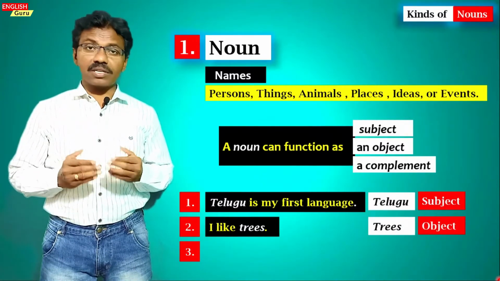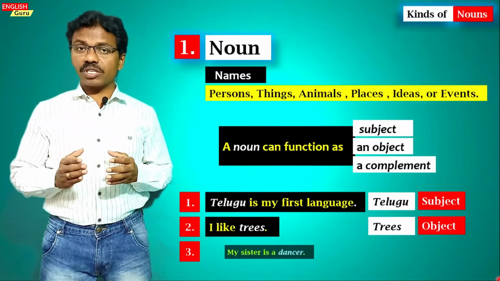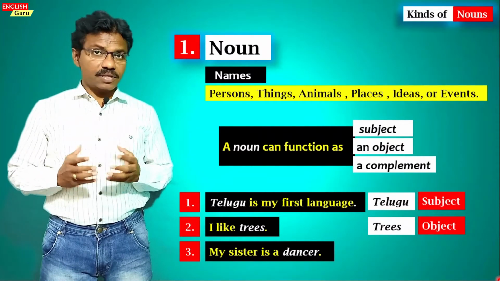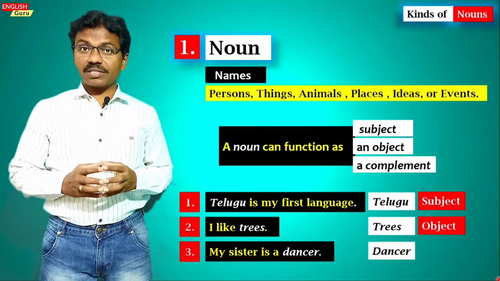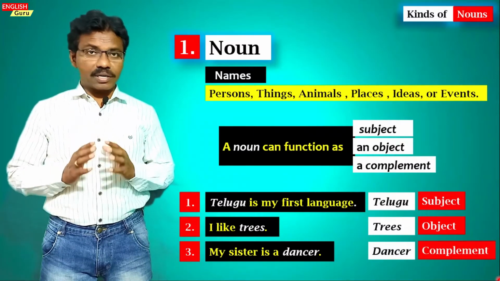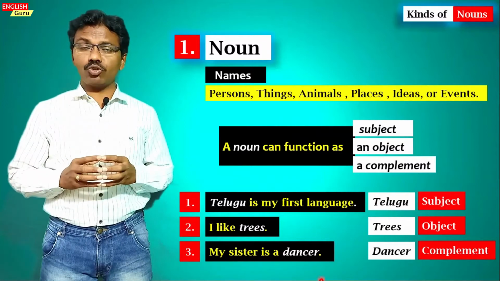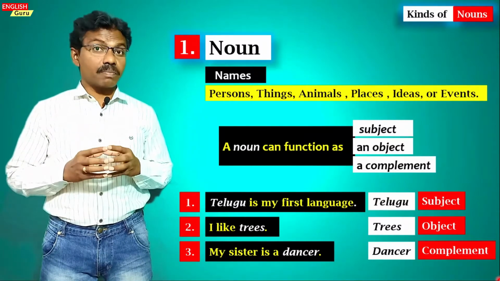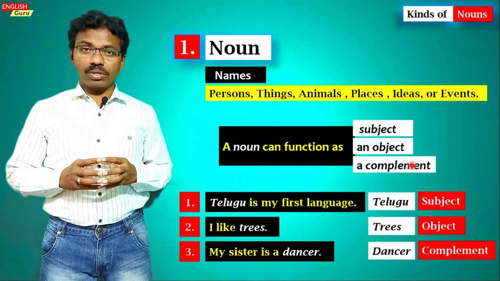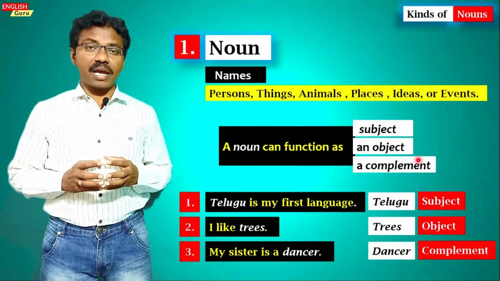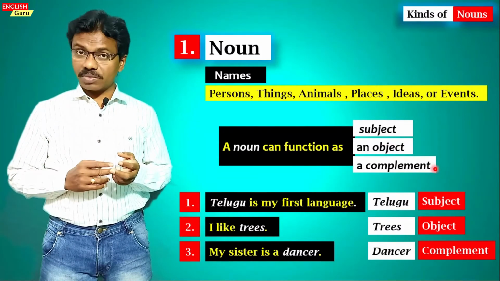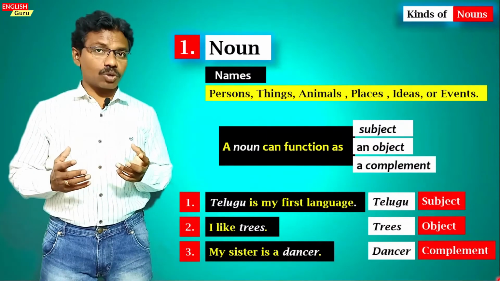The word trees is a noun and it is the object of this particular sentence. And in the next sentence, my sister is a dancer. So the word dancer is a noun and it is the complement of the subject my sister. So a noun in a sentence can be a subject or an object and a complement also.